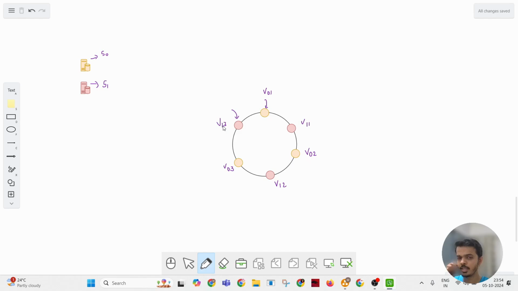Now how does key distribution take place? Let's say we have keys mapped here, some keys mapped here, some keys mapped here, and some keys mapped here. Now how will key mappings happen in this case?